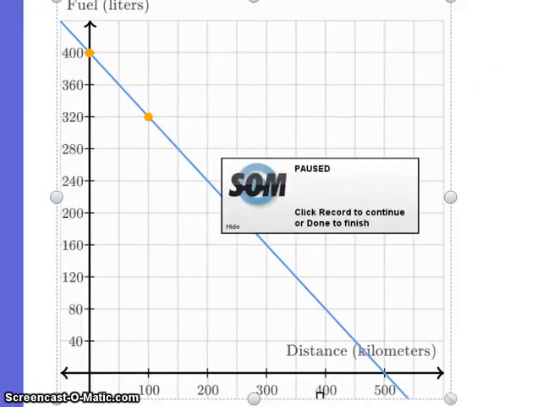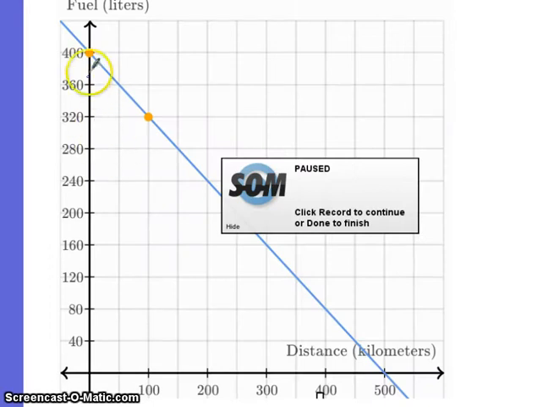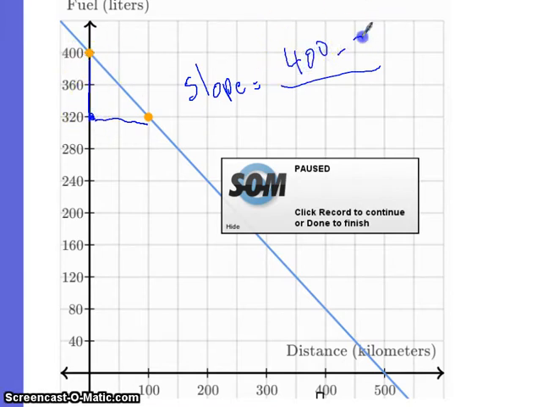All right, so I just wanted to prove to you that the line that we drew did in fact start with 400 liters of fuel that he set out to deliver his bananas with, and it does in fact have a slope of 0.8. So to do that, I'm going to draw a slope triangle from here to here. From the slope formula, it's y2 minus y1. So that's 400 minus 320, which is 80, over x2 minus x1.